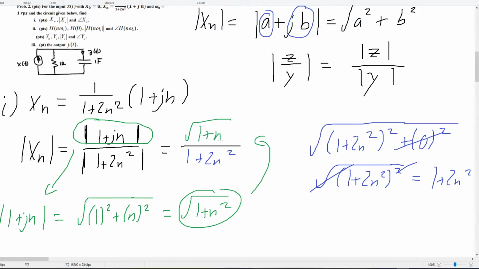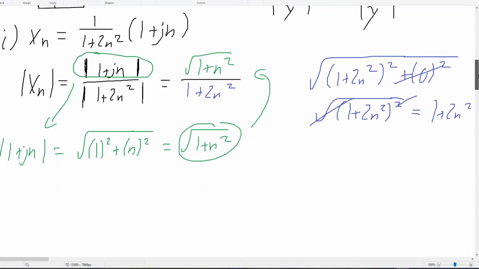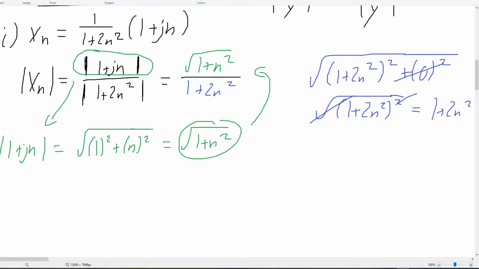The square root of 1 plus n squared, and that's actually the answer for the numerator of x of n. So I'll just rewrite it on the bottom over here in red. The absolute value of xn is equal to the square root of 1 plus n squared over 1 plus 2n squared. All right, so we have that part.